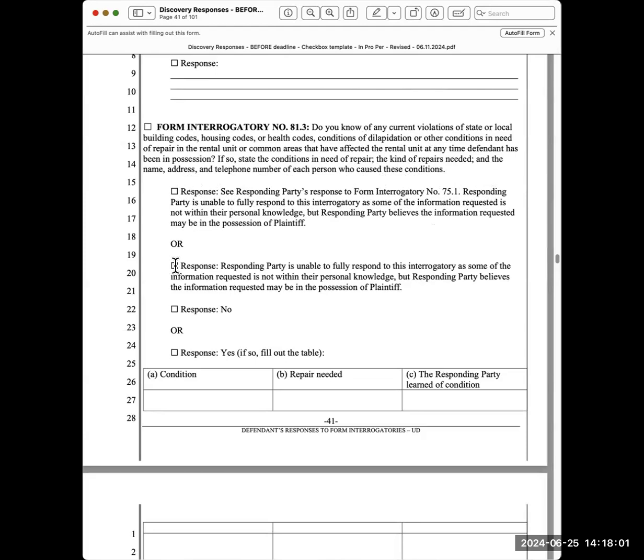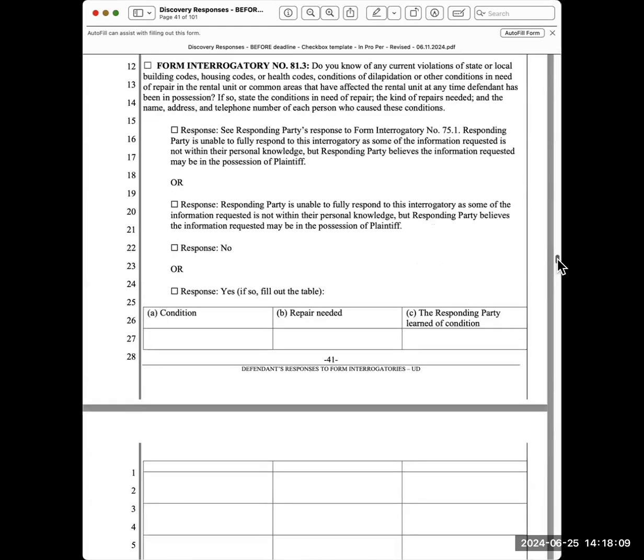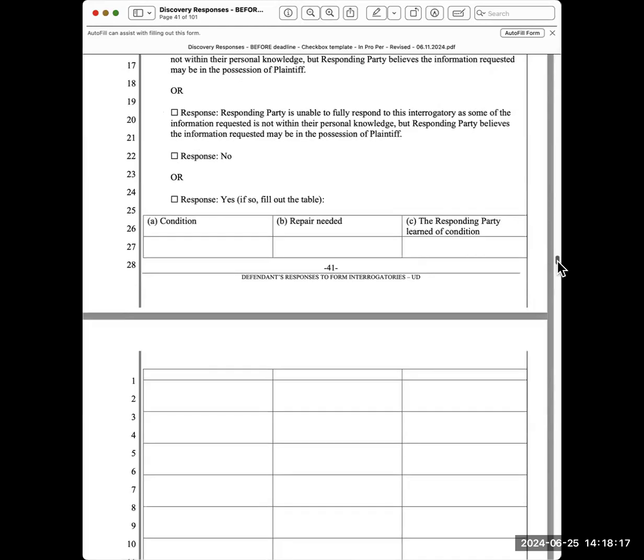You check this answer if you are not able to respond because you believe the answer is solely with the plaintiff, meaning you didn't have any repairs that you were aware of, but it doesn't mean that there weren't any. It just means that they would be in possession of the plaintiff. Or you can put answer no, if that is the answer you think is truthful.